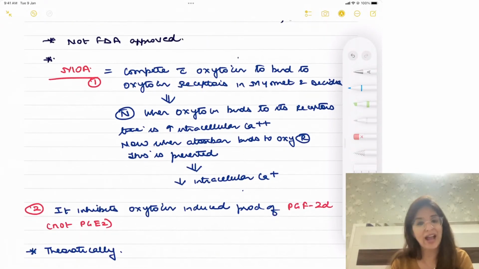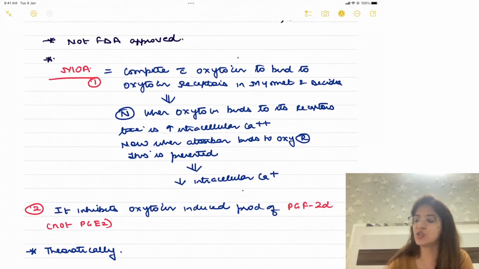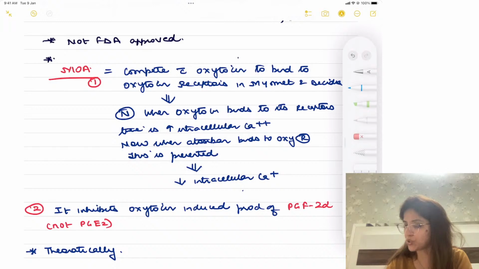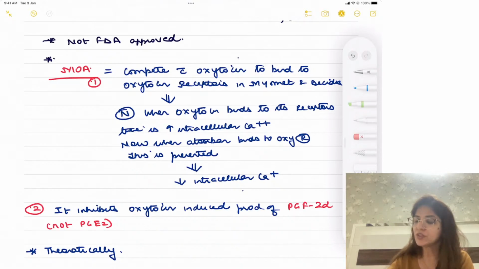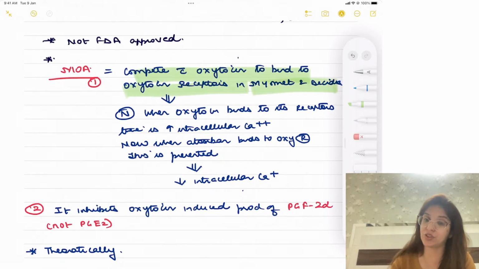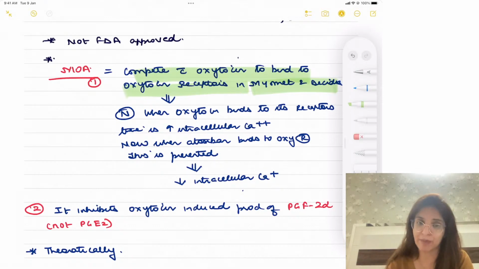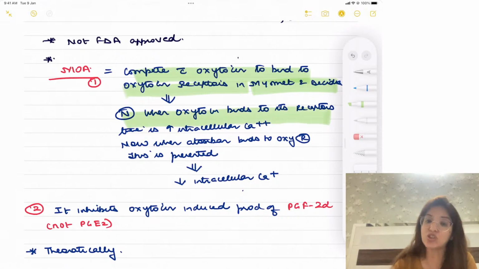The mechanism of action of atosiban is that it is going to compete with oxytocin to bind to oxytocin receptors in the myometrium and decidua. It is not going to allow oxytocin to bind to its receptors. Please remember that normally when oxytocin binds to its receptors, there is an increase in intracellular calcium levels.